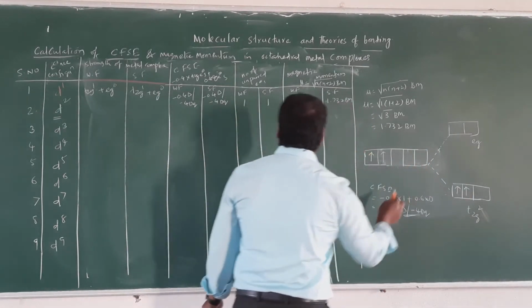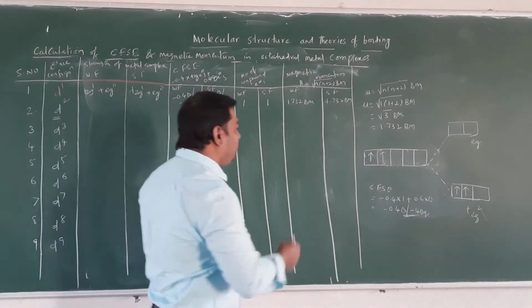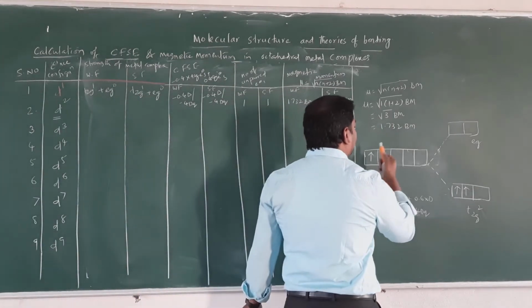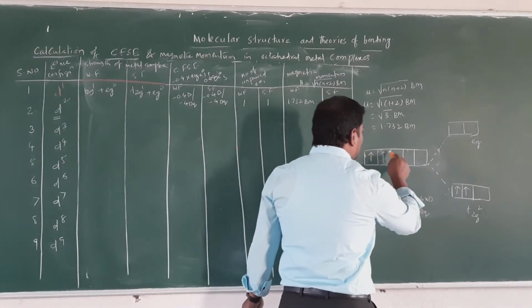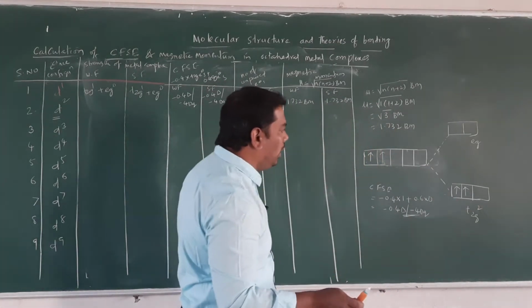This is similar for weak field and strong field complexes. If you take any strong field complex with d2 configuration, the two electrons are placed into the lower energy t2g level only.